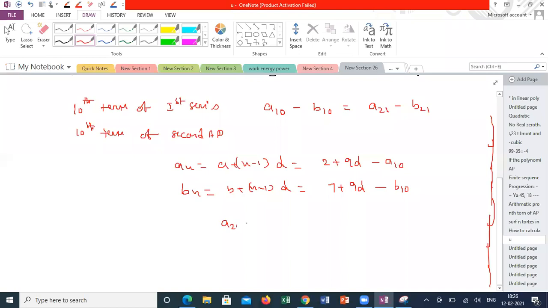A21 is equal to 2 plus 20d. B21 is equal to 7 plus 20d. So A10 minus B10 should be equal to A21 minus B21. So 2 plus 9d minus 7 plus 9d.